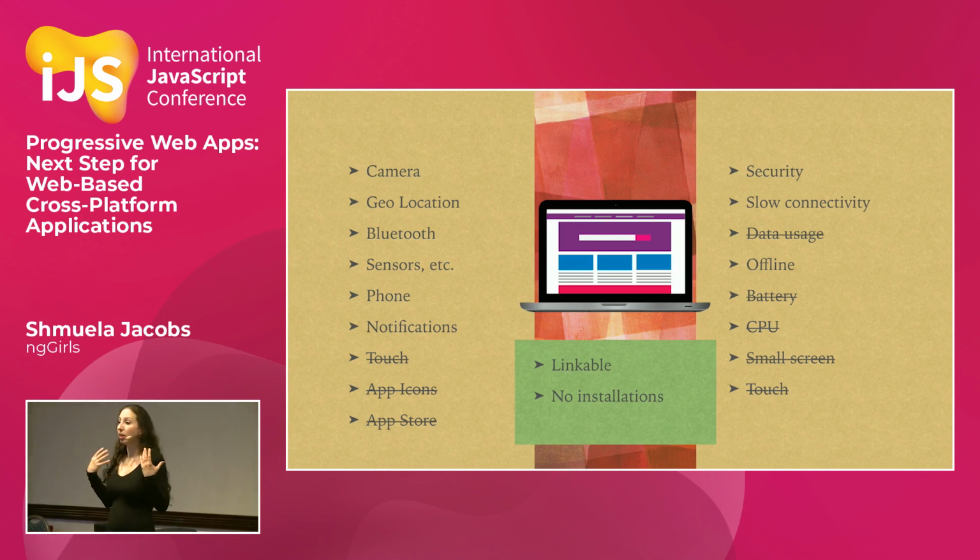Web applications are linkable, meaning you can just share a link with someone and they will get this application. You don't have to tell them to search for it on the web store and so on. You can share a link, and not only a link to the application, but also to a certain inner state in the application. So they can get precisely to the same state, to the same view with the same data that you want to show them.